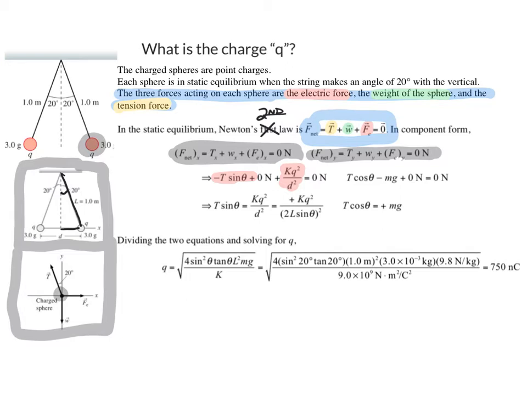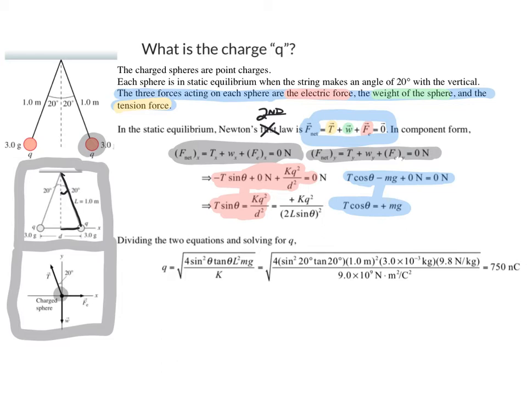Well, the sum of these two things equaled 0, so all of this boils down into that. Then over here, you have T cosine theta minus mg equals 0, hence this boils down to that.